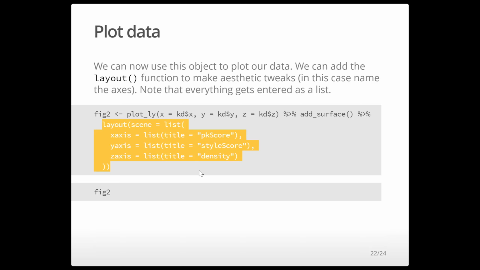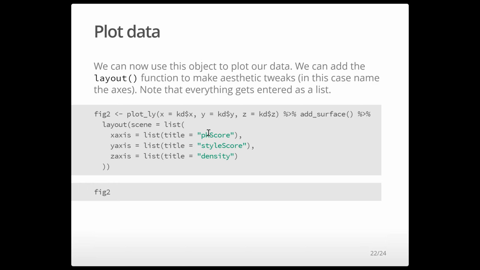Note that inside this layout function, everything's got to be lists. I'm not sure exactly what the programming reason is for this. It's a little bit tedious, but you just got to keep nesting lists inside of lists. This is how you can name your axes. Here I'm naming the x-axis PK score, the y-axis style score, and the z-axis density.